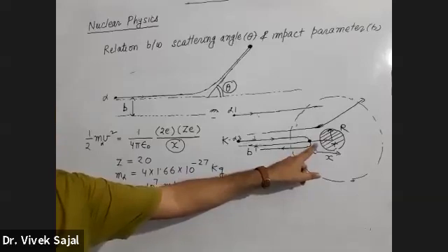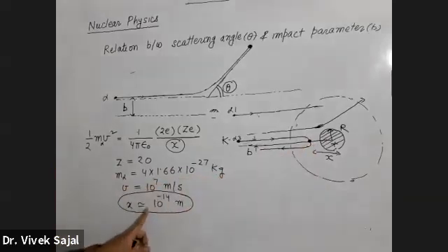So automatically the radius of the nucleus will be lesser than this.